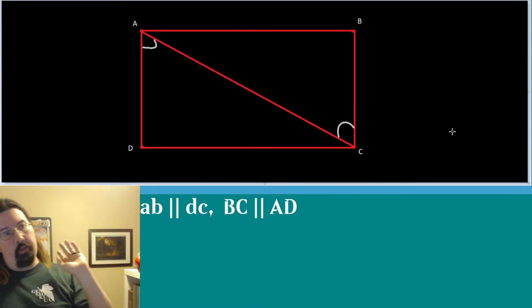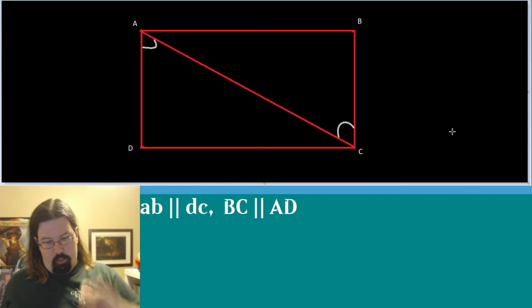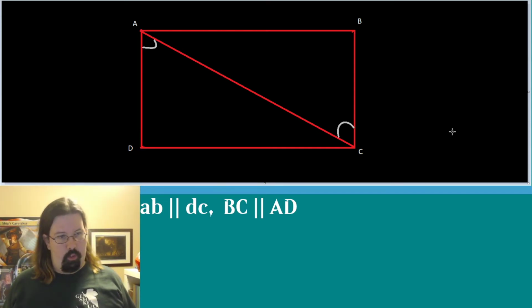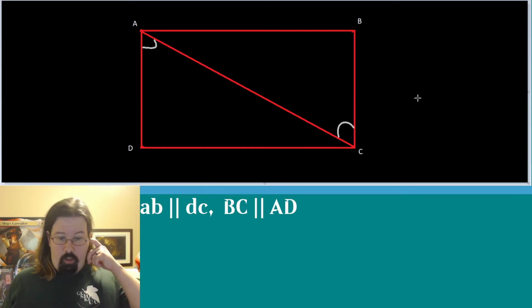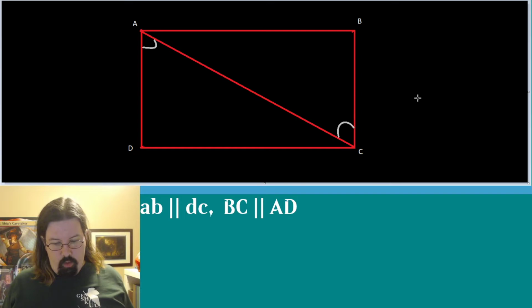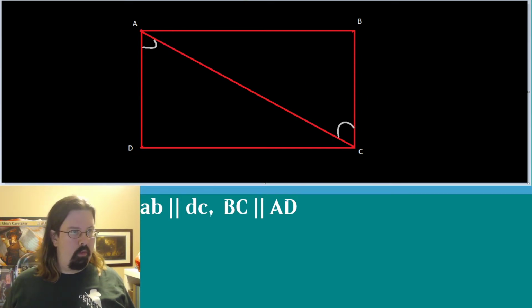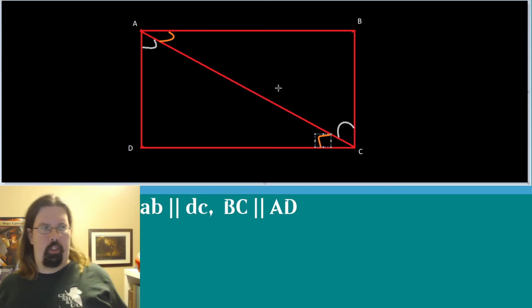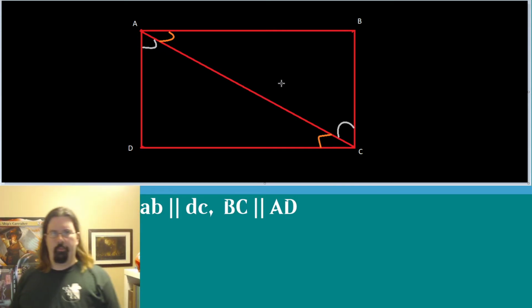Anyway, sorry, I got distracted. Where was I? Yeah, so we have those two as congruent angles. Okay? So, what we need now is, well, let's just do this. There we go. So here, though, ACD and BAC are also congruent angles, right?